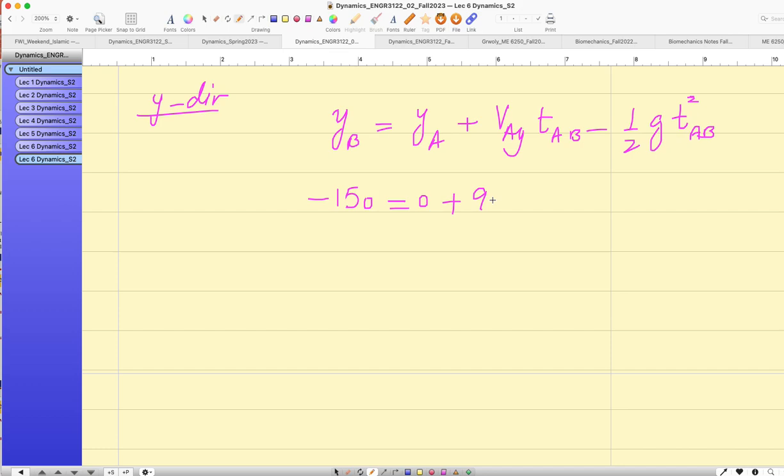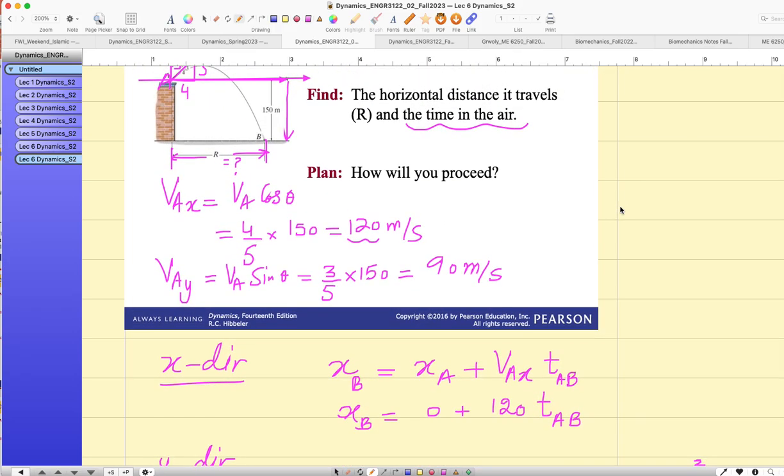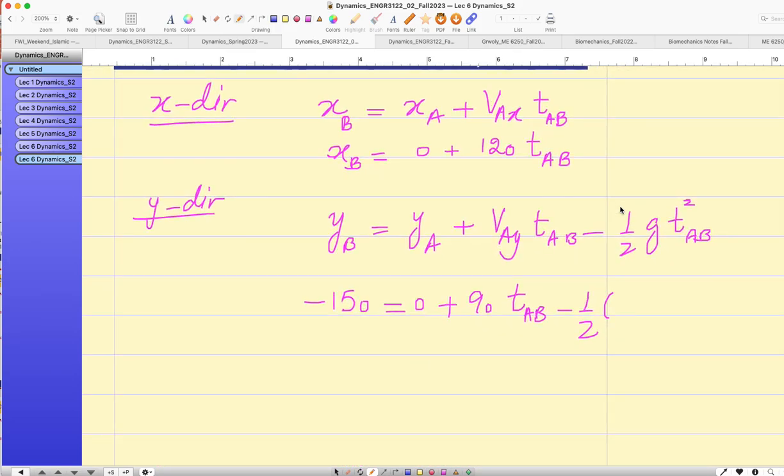90 times TAB minus 1/2, is it FPS or meter? It is the SI system, so it is 9.81. Agreed? Times TAB squared. Now we are happy. Why? One unknown, one equation. That will help me find the answer.